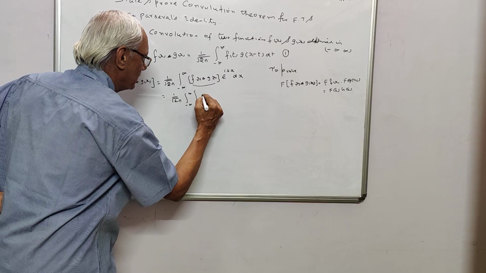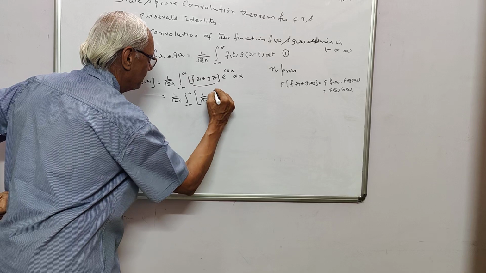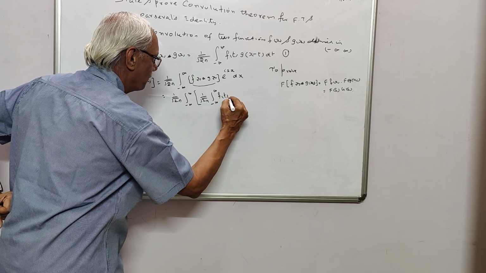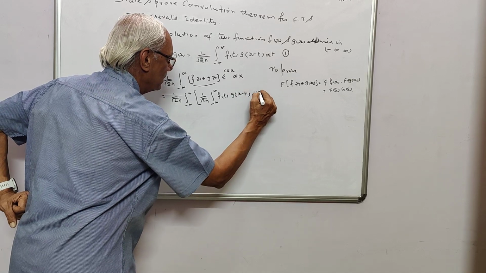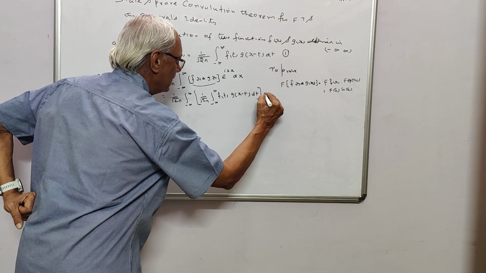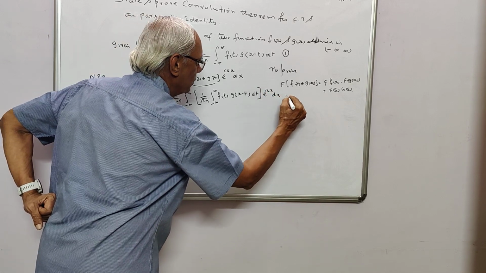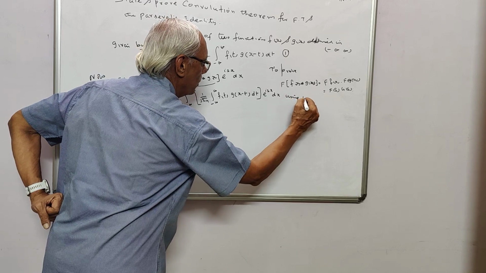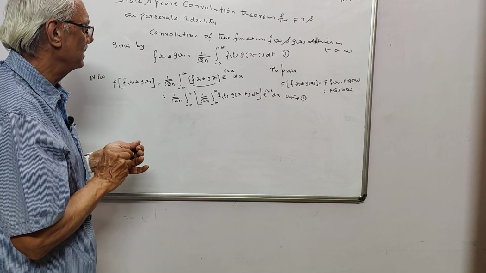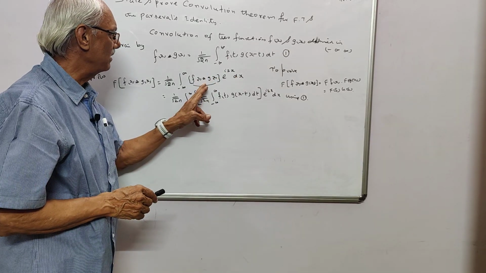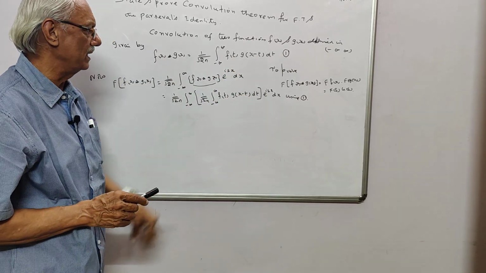You will write this as 1 by square root of 2 pi, minus infinity to plus infinity, f of t into g of x minus t into dt, that e to the power of isx into dx, using 1. I have not done anything except that in place of the convolution of two functions, I have applied the result 1 here. So this is what I get.